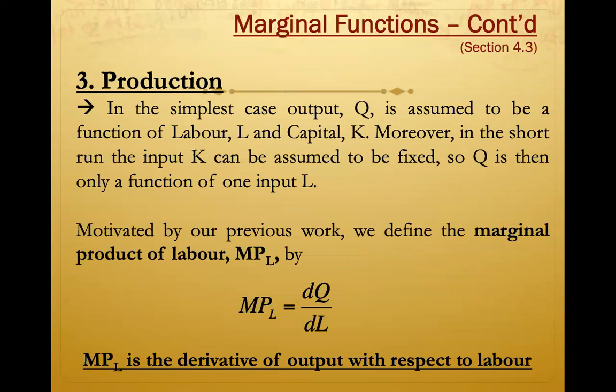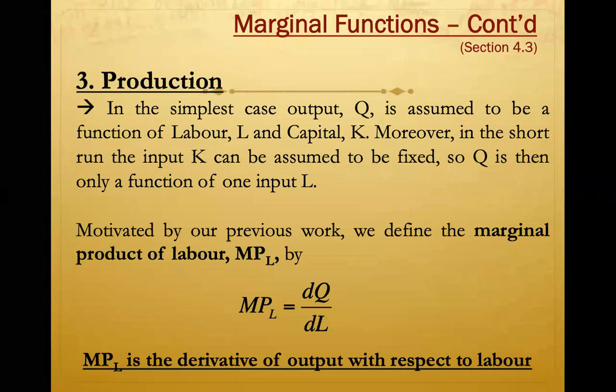The idea is the same as the previous one, but for production this is quite simple. In production, the output is called Q, and there are two common variables in production. The first one is L, or labor, and the second one is K, or capital.